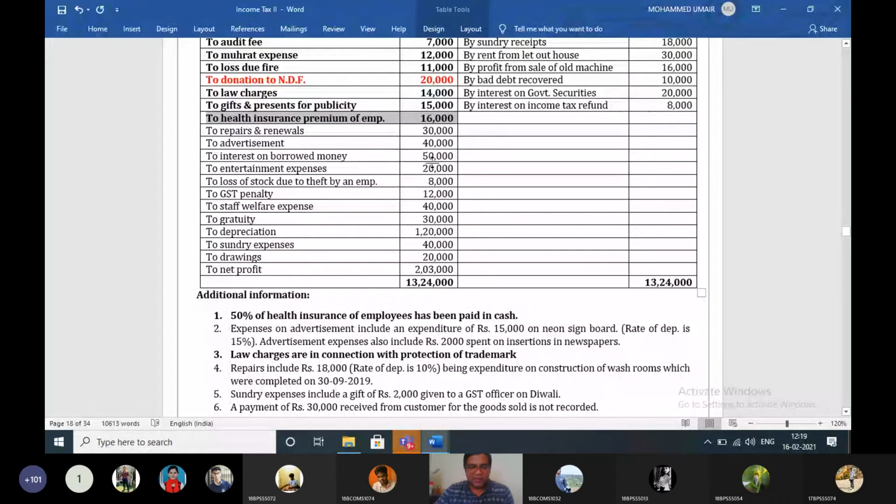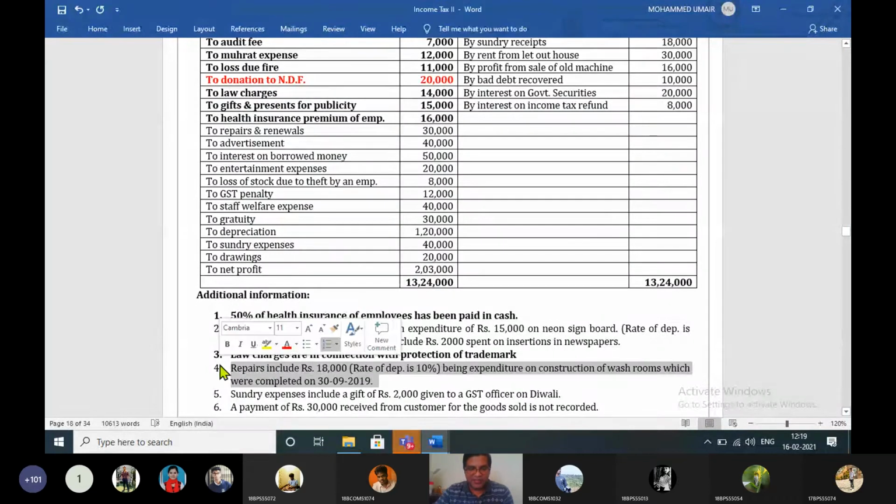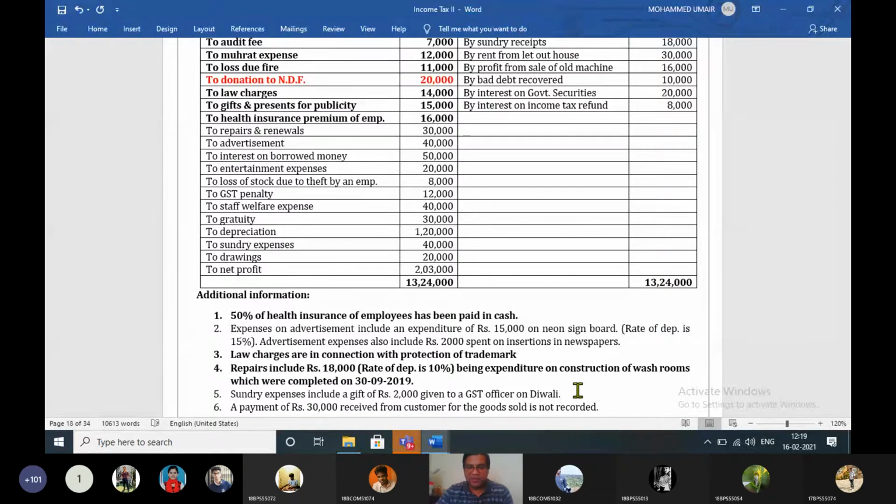Repairs and renewals, 30,000 is being spent, and as per adjustment number 4, repairs include 18,000 being expenditure on construction of washrooms which were completed on 30th September 2019. So repairs include construction of washroom, and if the washroom is a permanent building, then the value of that washroom will be added with the value of the building and recorded in the asset. So this is a capital expenditure.